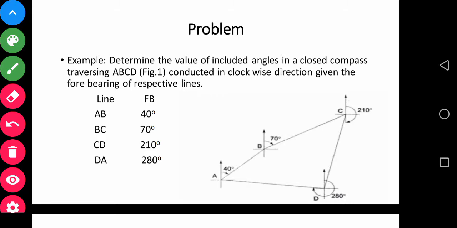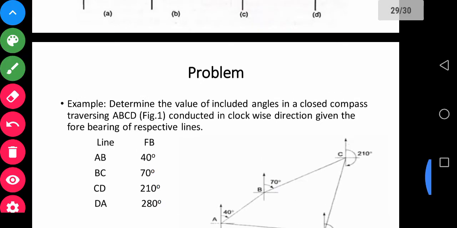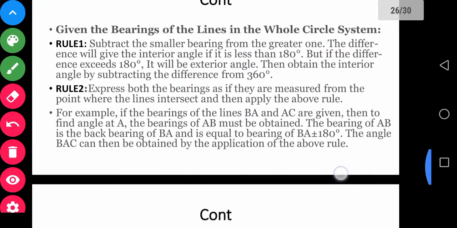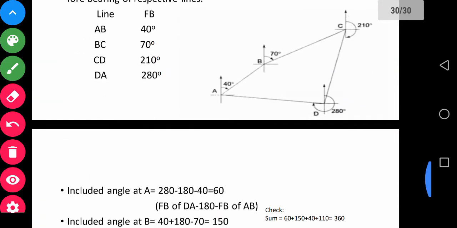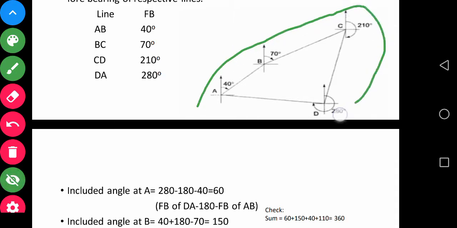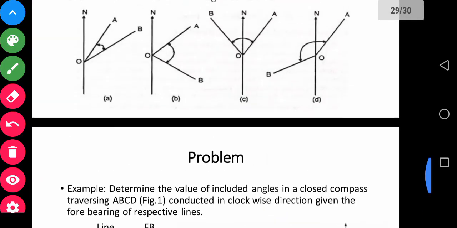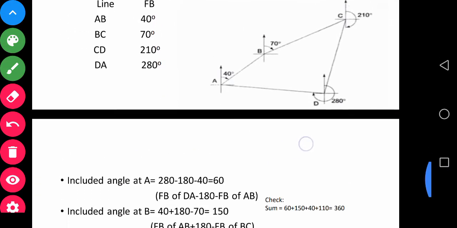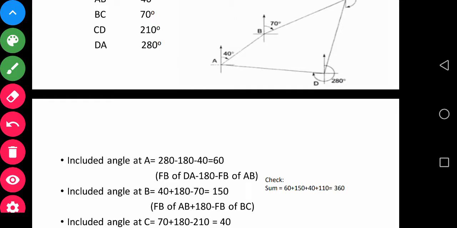To find out, first we will find the included angle at A. This is a clockwise traverse, because it goes from A to B to C to D. For a clockwise traverse, we will refer to the formula we discussed earlier: P is the forebearing of the line coming from the previous station, and minus F is the forebearing of the next or forward line. So to find the included angle at A, we first refer to the forebearing of the last or previous line.